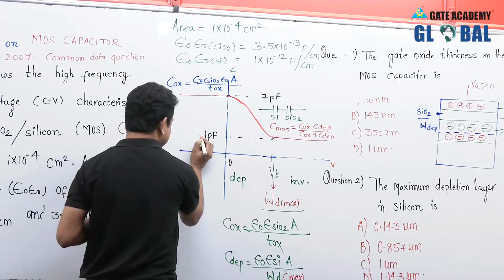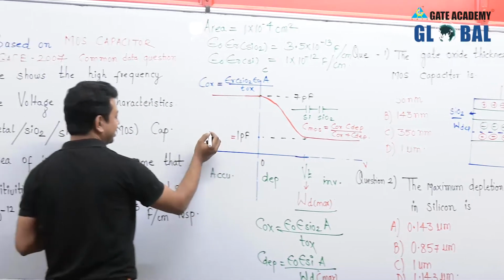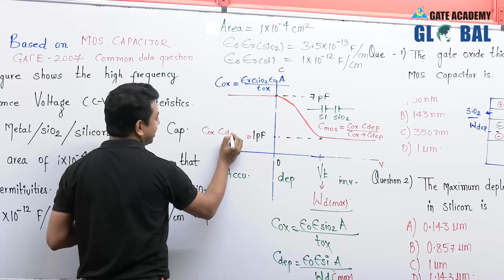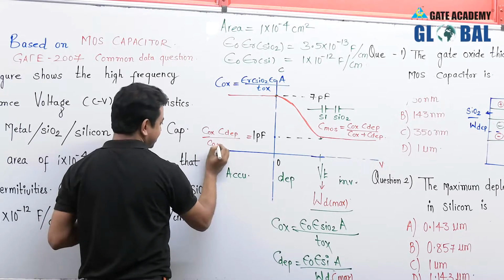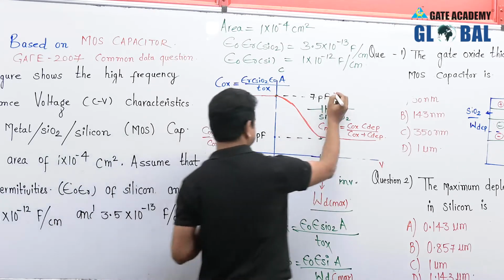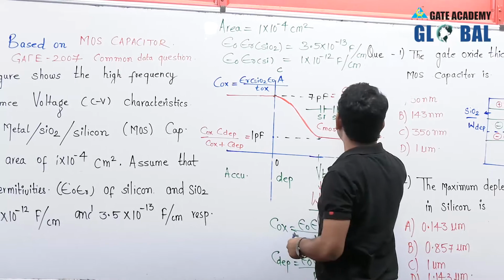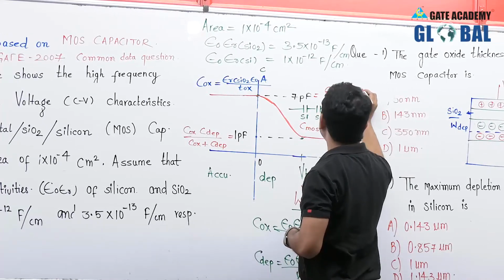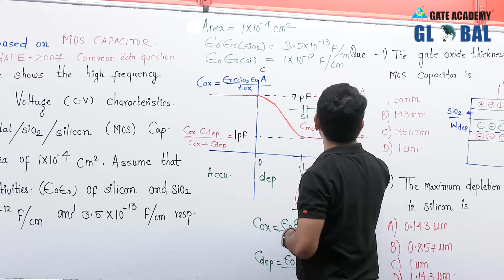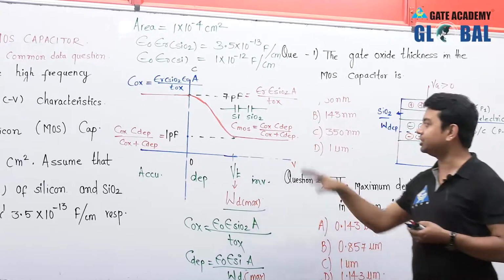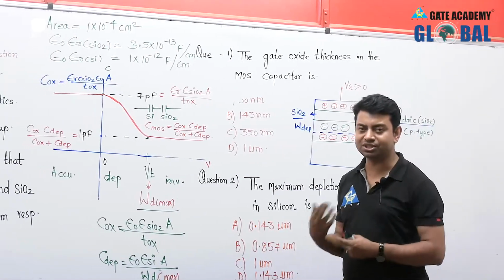That means this value given here is nothing but the equivalent capacitance of C ox and C depletion, divided by C ox plus C depletion. And this value which is given here is because of this one, epsilon r of silicon dioxide into area of cross section divided by thickness. So this is the analysis of this graph from our previous discussion.